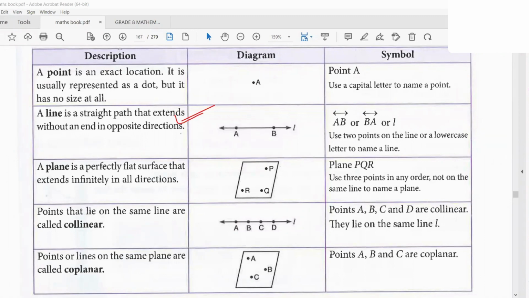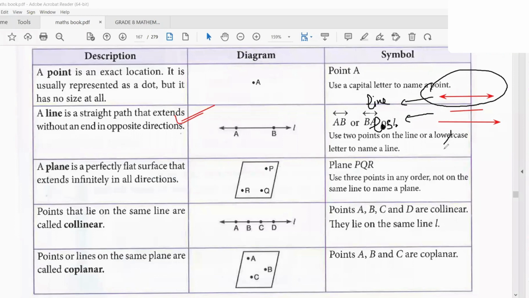And in a ray, I have drawn all of these over here. As you can see, this is a line, and second is a line segment, which I will write as LS.